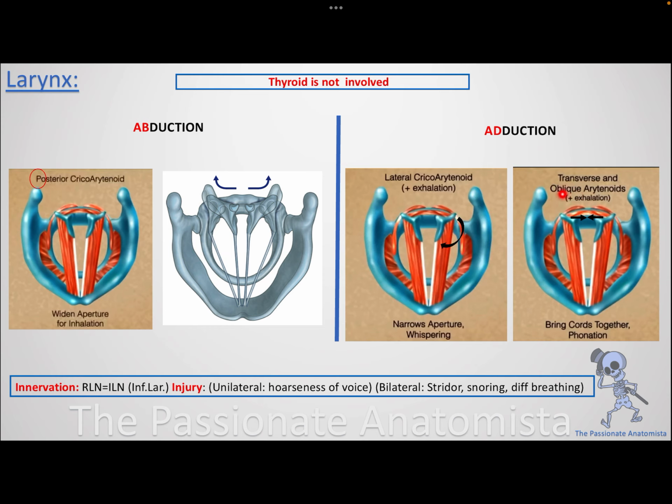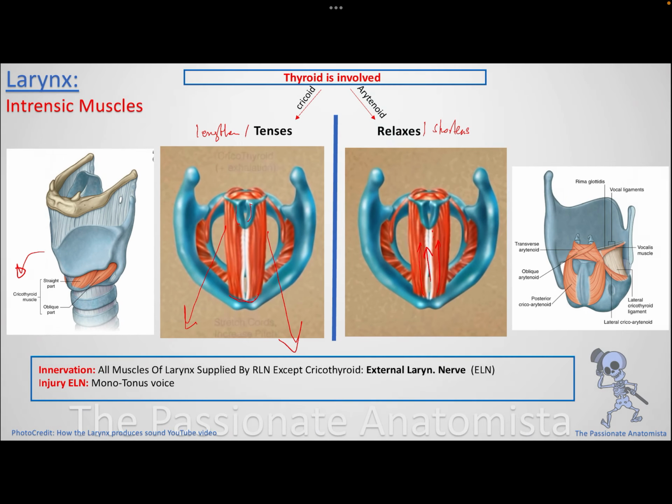I want you to know that the transverse and oblique arytenoids are always helpers for the functions that can be done by more than one muscle. Remember when I told you that the tensioning of the vocal cords here can only be done by the cricothyroid? It means the arytenoids cannot help. They can help in shortening and relaxation of the vocal folds.